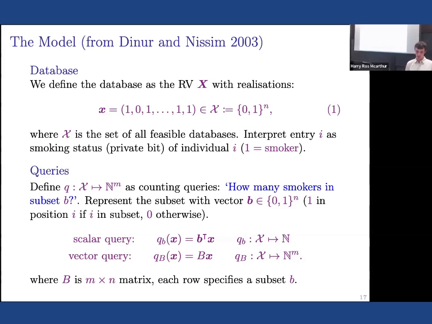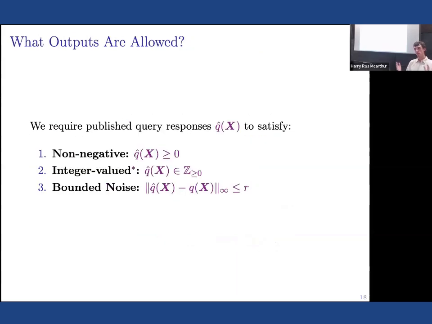What we want to do when we apply our perturbations is respect the original motivation, this table builder setting. Basically, we want the query answers to be non-negative. How many smokers do we have in this half of the room? -2. We want to stop that from happening, so we restrict them to be non-negative.